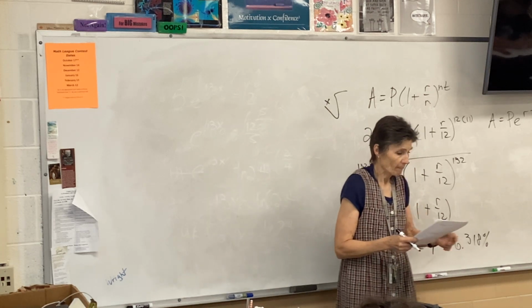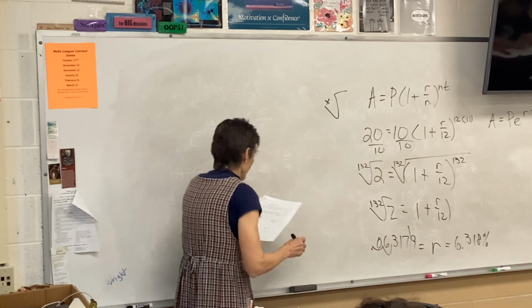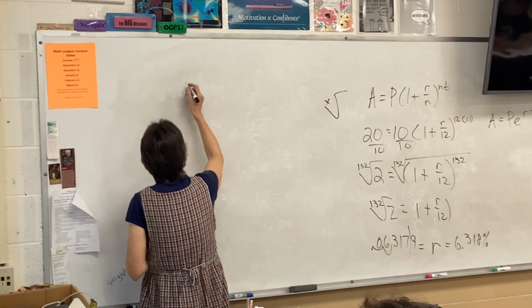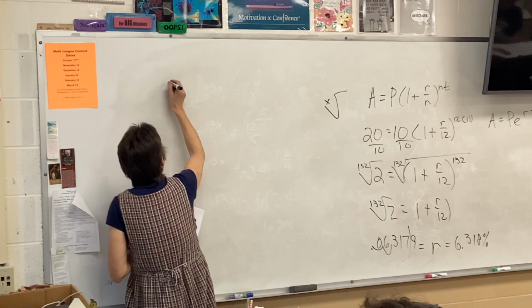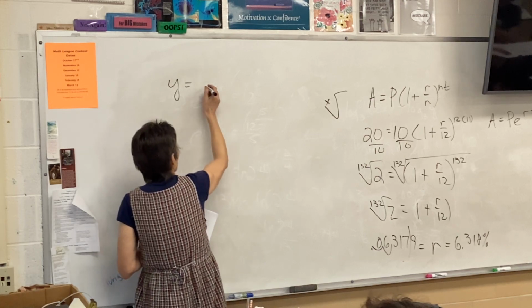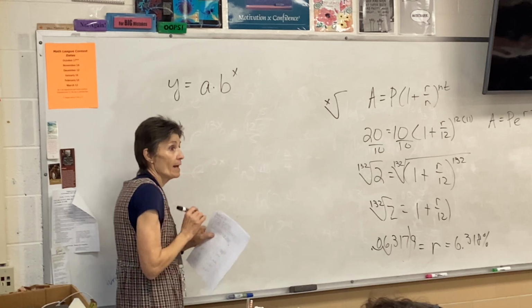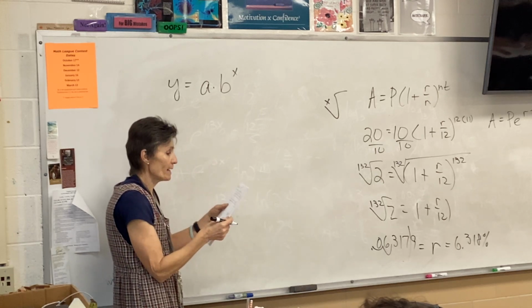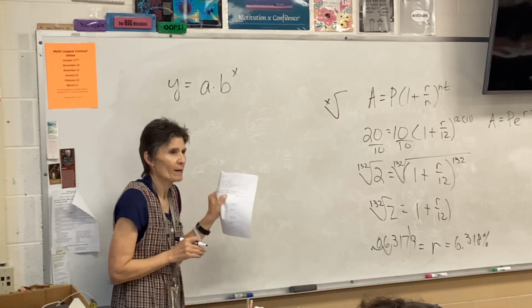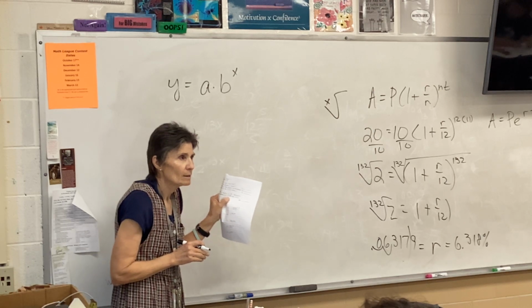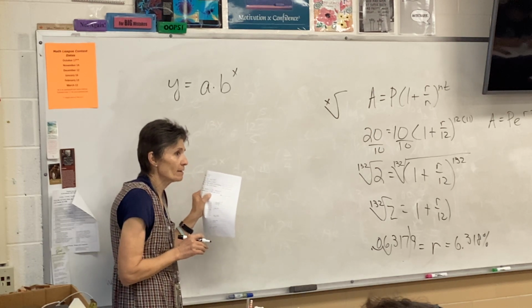Good? Number 2. What does the equation look like that I'm shooting for? Y equals A times B to the X. And if I look at my ordered pairs, what do I know about A? A is 2/3, right?